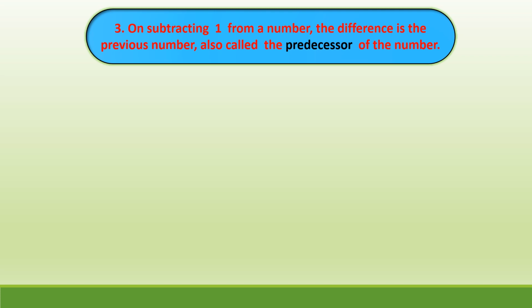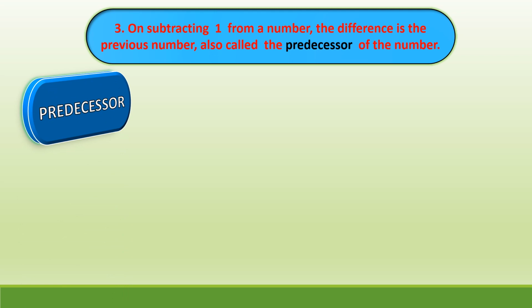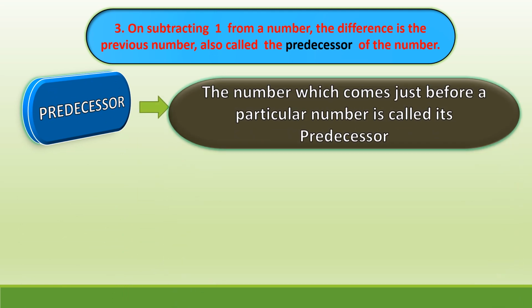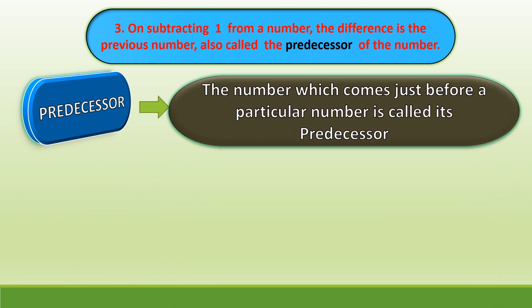So let's know the meaning of predecessor. Predecessor means the number which comes just before a particular number is called its predecessor. The before number is called the predecessor.